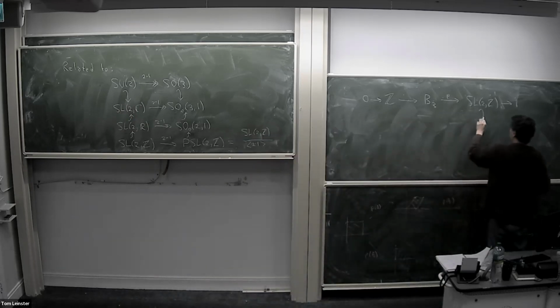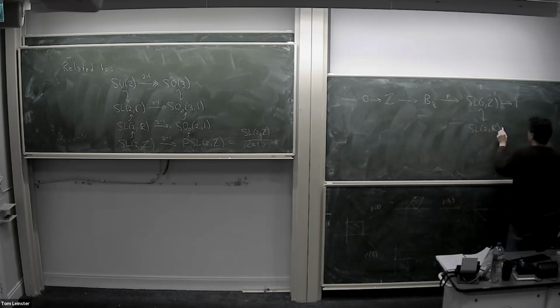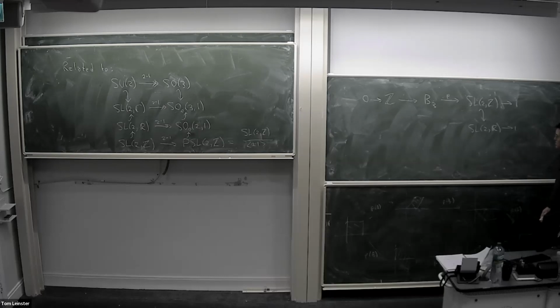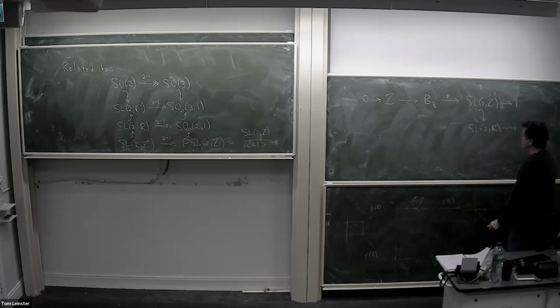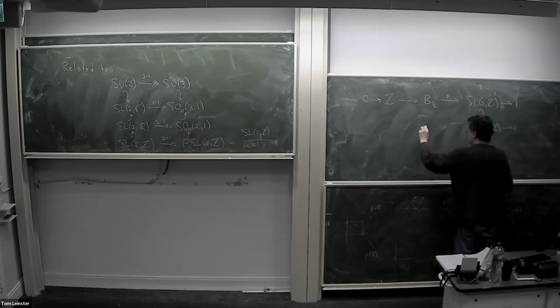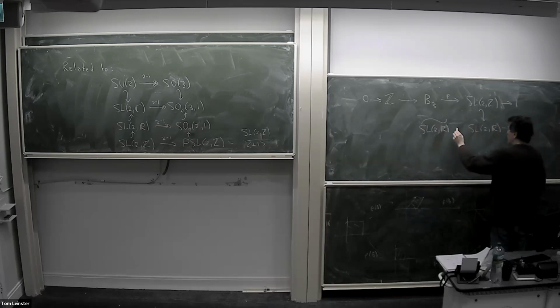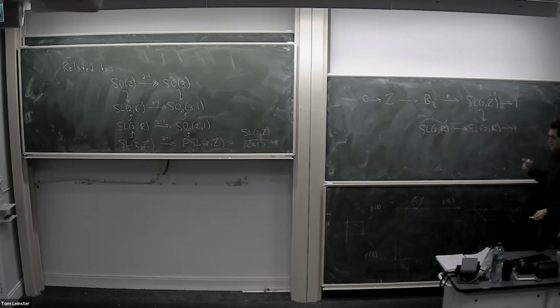So SL2Z is sitting inside SL2R. Let's just bring in that one there. And then what is the analogous thing to B3? Well, it turns out there's a group that wants to fit in this slot. And what it is, it's the universal cover of SL2R. The universal cover of SL2R maps onto SL2R. That's how universal covering groups work. This group SL2R actually has its fundamental group as the integers.